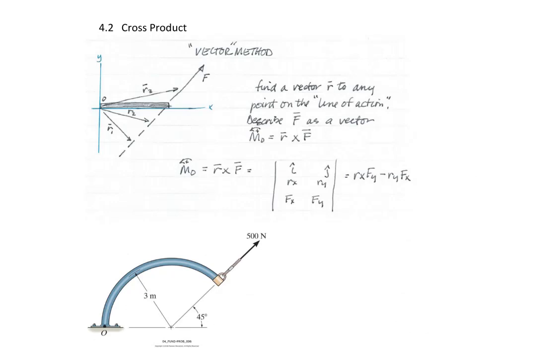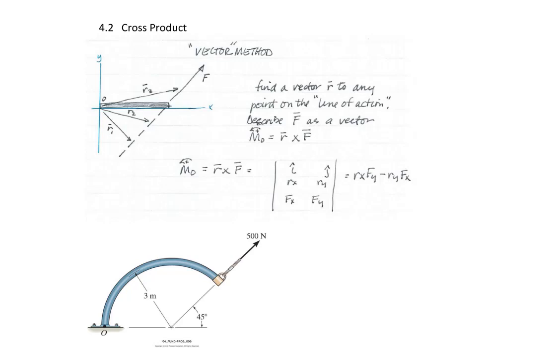Now those are the scalar methods. What I want to do here is talk about a vector method using the cross product. You may be familiar with cross product from prior work in physics or calculus, but we're going to apply it here and try to see if we can come up with the same answer using the vector method.